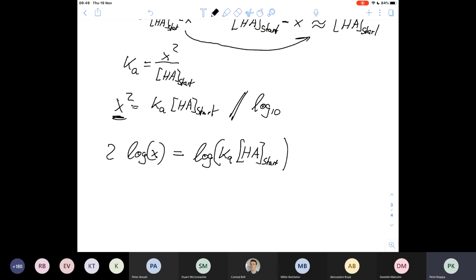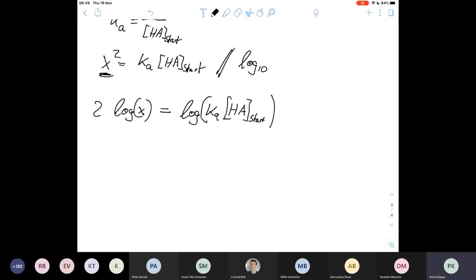I've taken the logarithm of both sides. I can write this also as log Ka plus log HA start. Again, rules of logarithm.